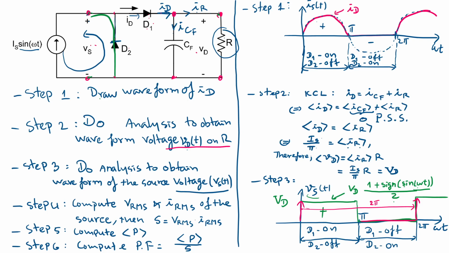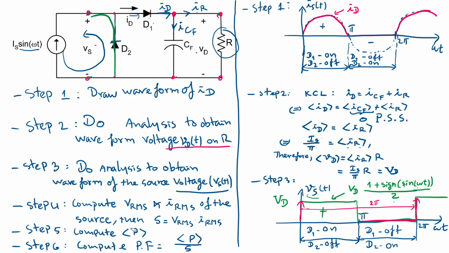After that, step 4, compute V root mean square and I root mean square of the source. Because you already know the waveform of the voltage and current of the source, you can easily compute V root mean square and I root mean square. So you can calculate the apparent power.